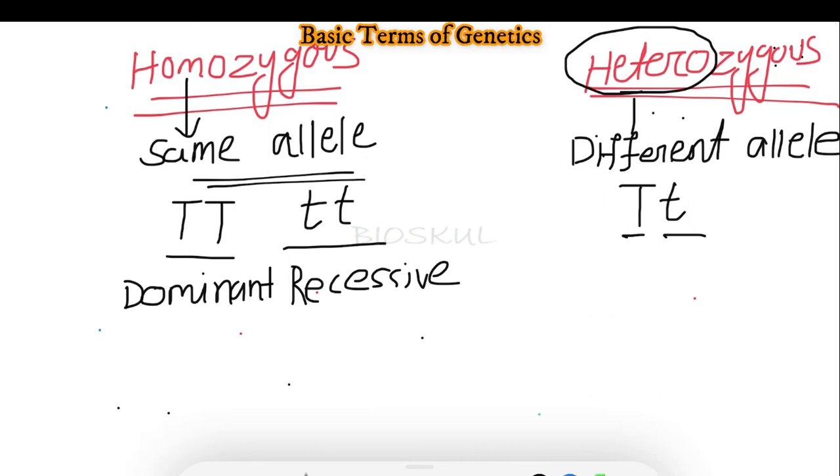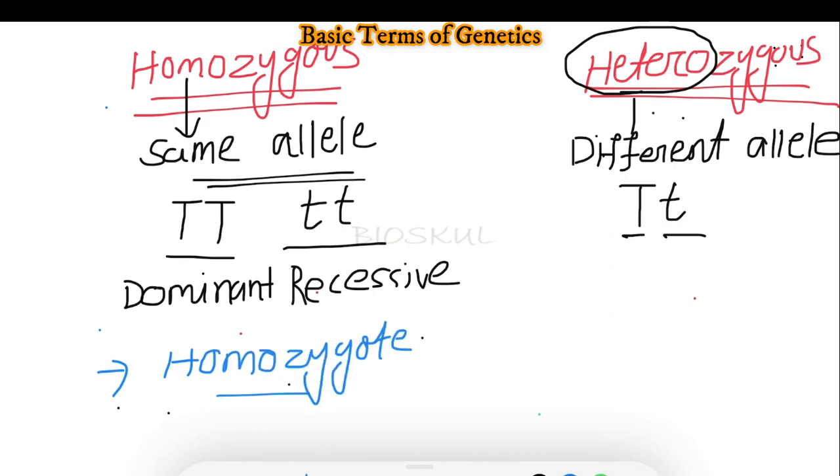Another term I want to mention is homozygote. A homozygote is an individual, it may be a plant or animal, that has homozygous genes, that is TT or tt. Similarly, what is a heterozygote?